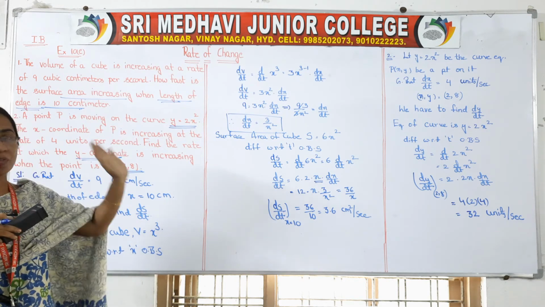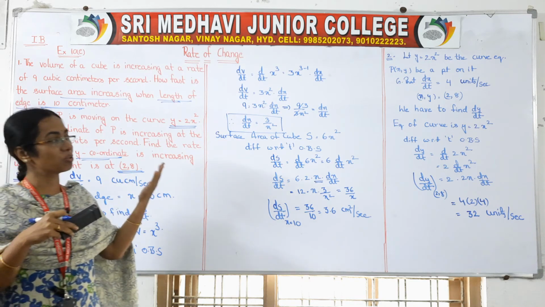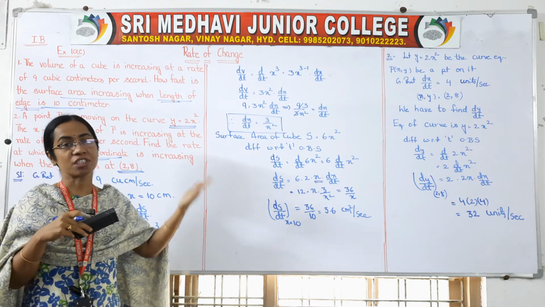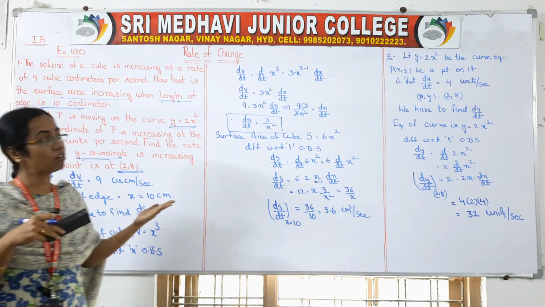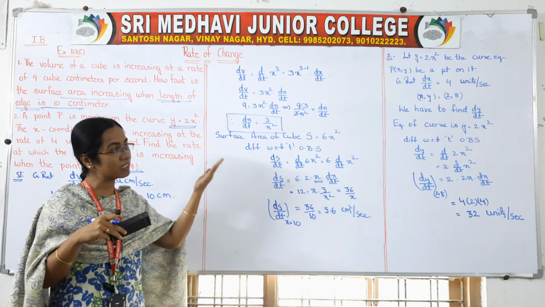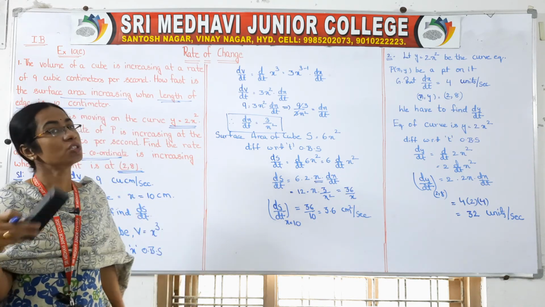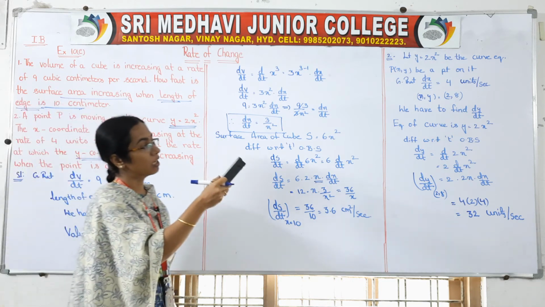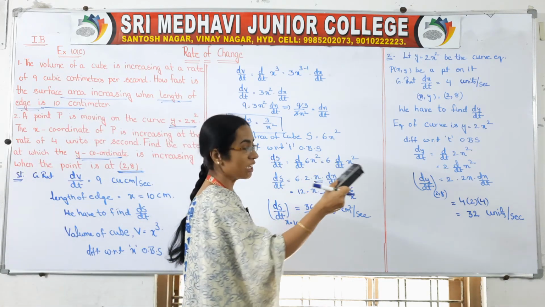But here the curve equation is given to you, so no need to take any formula. Directly take the curve equation, and we have to find the rate of change in the y coordinate, y being your curve. So rate of change in y value. So just differentiate with respect to t.